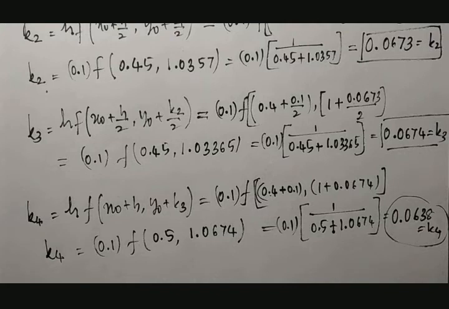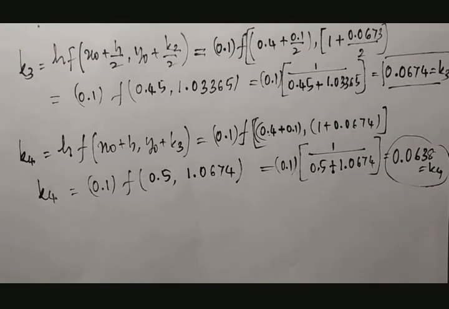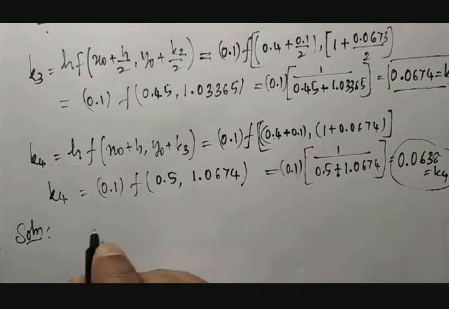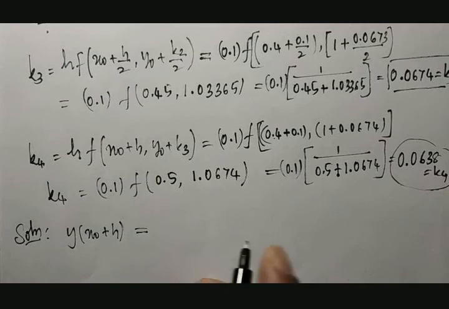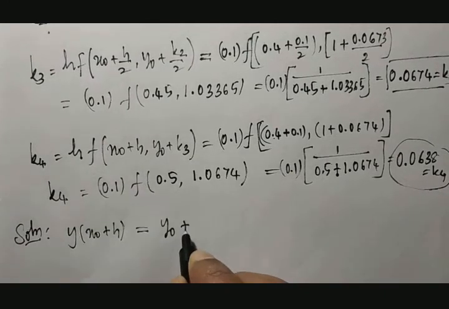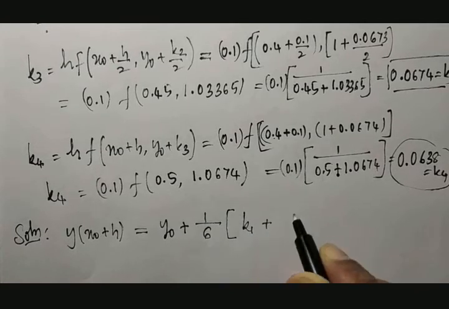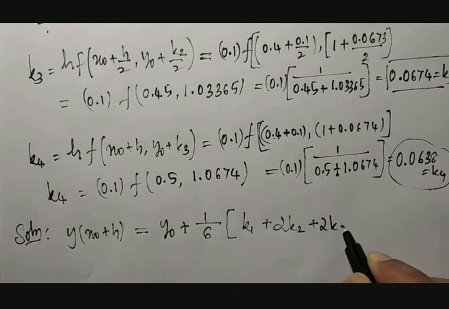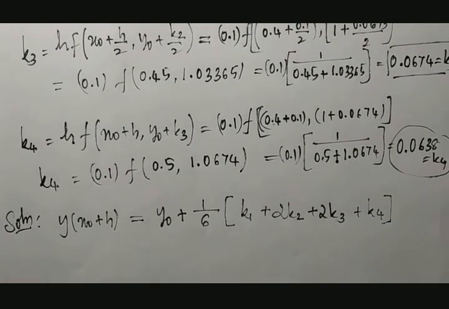Okay, then let us go for the solution. What is its solution? The required solution can be obtained by using the relation, the formula, y of x naught plus h is equal to y naught plus 1 divided by 6 into (K1 plus 2K2 plus 2K3 plus K4). Fine.